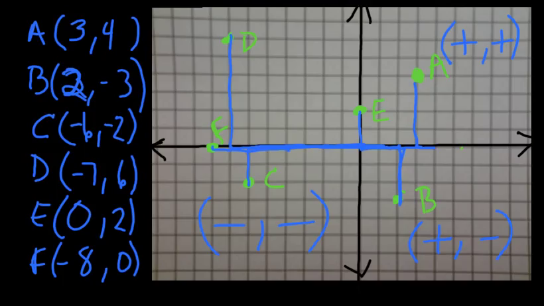Point D is in quadrant 2. What do you think is going to happen with point D? I bet you already guessed it. Point D is negative first number, or negative x, and positive second number, or positive y. Now the really cool ones, if you are a point like point E that lives on the, which axis? The y-axis.